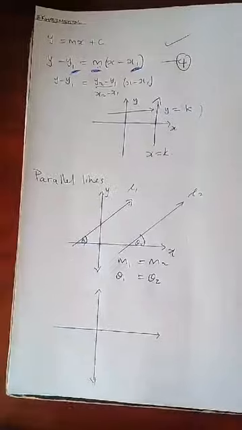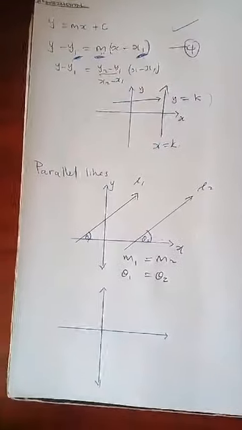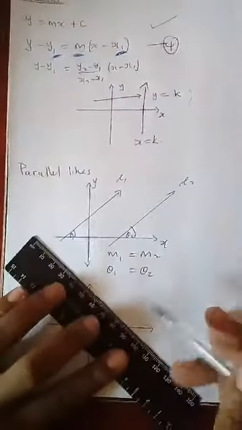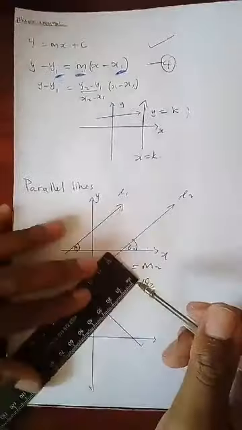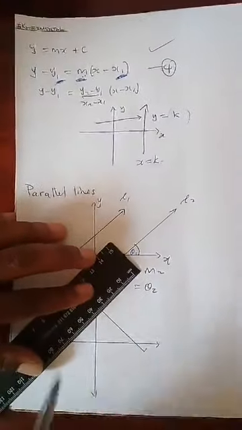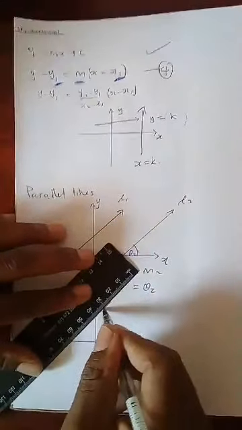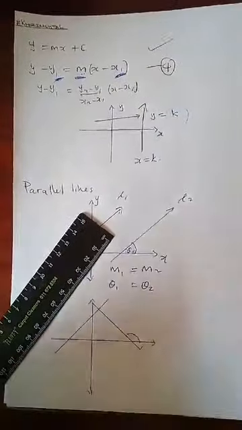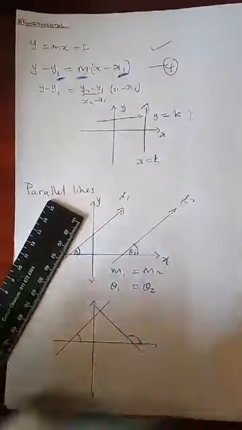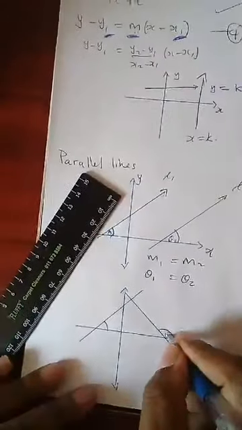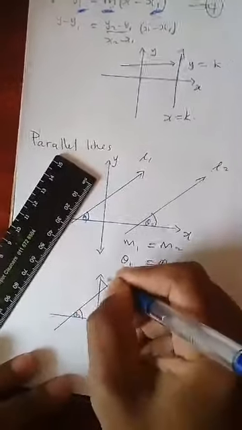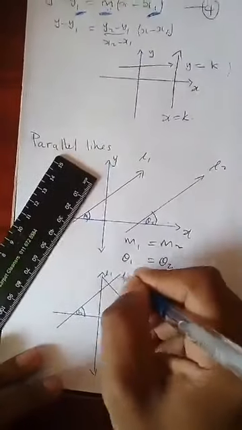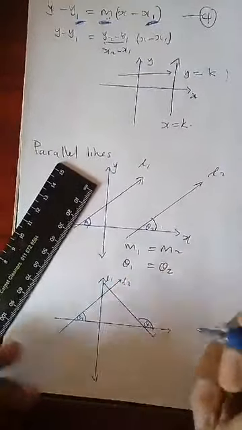Okay, now let's think about perpendicular lines. So let's just take, let's say we have a line segment there, and you have one, and this one forms an angle there, and this one forms an angle with the x-axis there. So this is theta 1, theta 2. So this is line 1, line 2. Right.